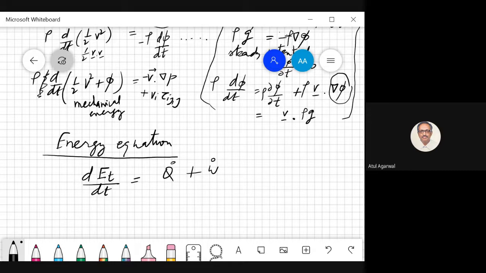This is your total energy. And what is the total energy? You have got internal energy, let's call it E, plus this is the potential energy. This is the internal energy. So you have got all the parts: internal, kinetic, potential.